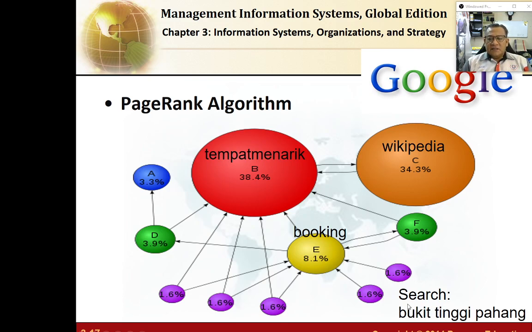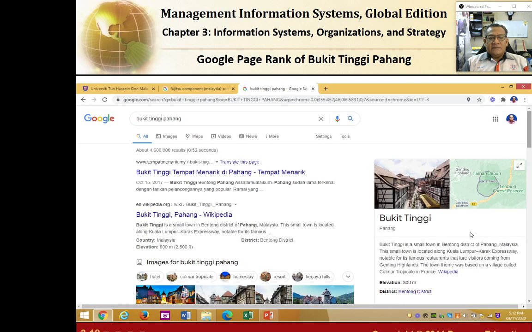For example, you type in the Google search engine Bukit Tinggi Pahang. When you search, you could find the most available websites that contain information on Bukit Tinggi, which other users have also searched, so it is ranked high.